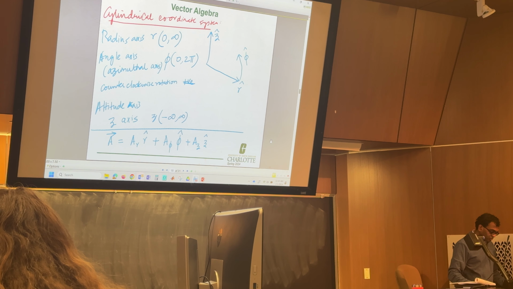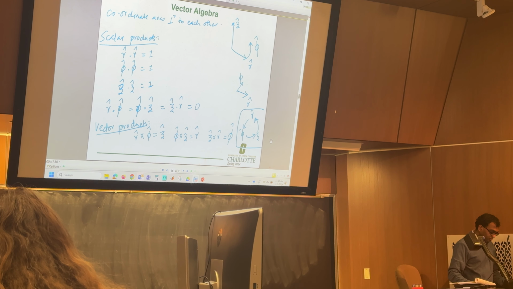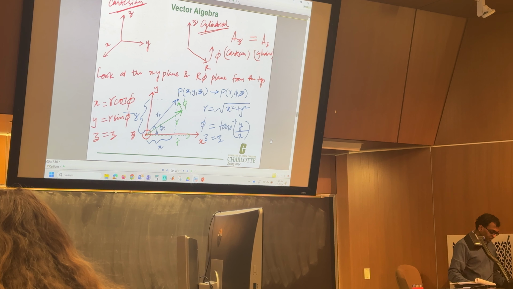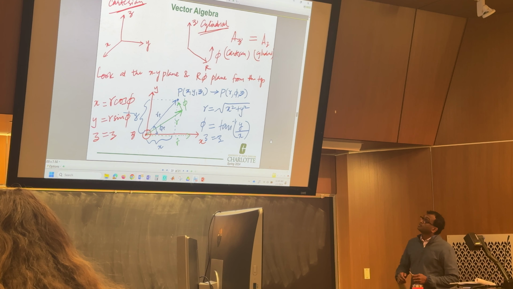Right, there we have it. So we have the Cartesian coordinates x, y, z in terms of the r, phi and z coordinates, right?